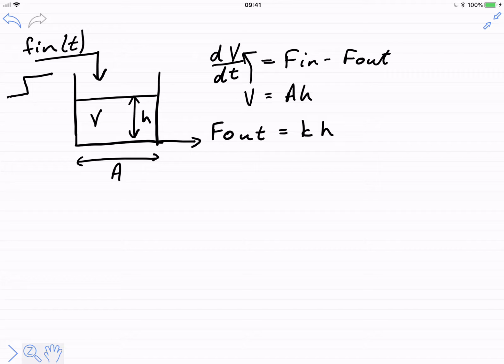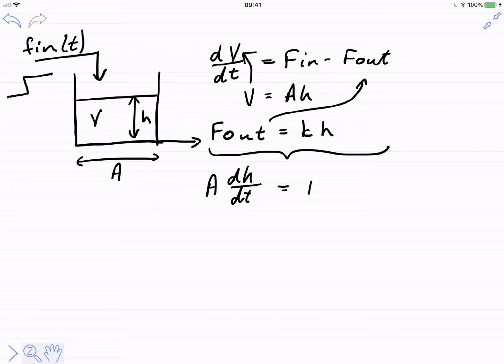And we're going to get rid of f out as a variable by substituting it in there. And after all of those substitutions, I end up with dH/dt is equal to f in minus kh.